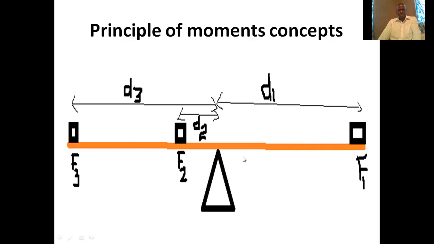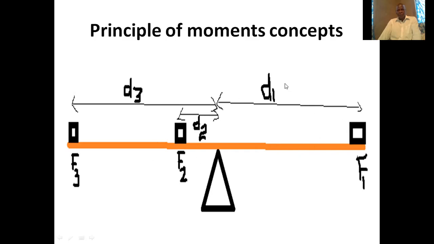Force 1 from the pivot is a distance D1, force 2 from the pivot is a distance D2, and force 3 is a distance D3 from the pivot. And so according to the principle of moments, the moments in the clockwise should be equal to the moments in the anti-clockwise. So you sum them.